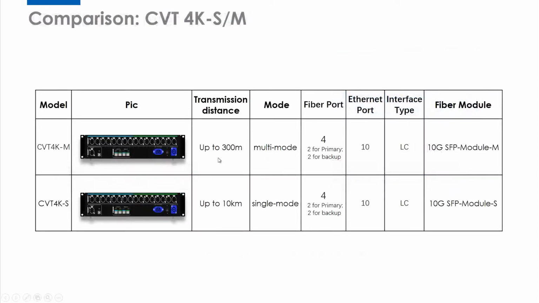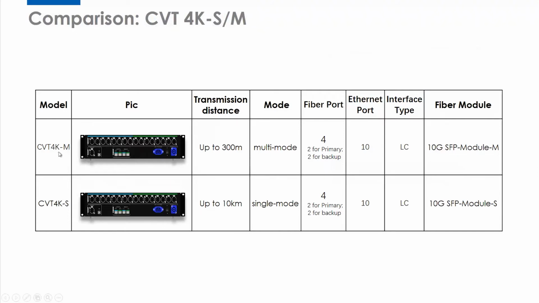Here, I already prepared the comparison between the CVT4K-M and the CVT4K-S. As you can see, the CVT4K fiber converter has two models, and the main difference between them is transmission distance.